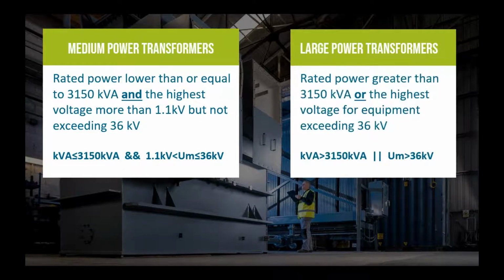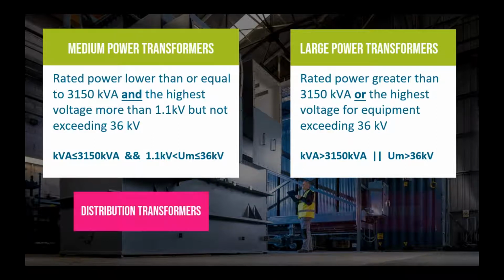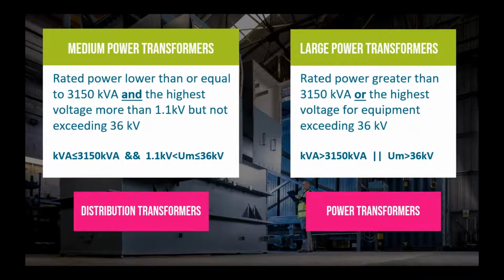Whereas large power transformers are rated anything greater than 3,150 kVA, or the highest voltage of the equipment is exceeding 36 kV. To make it clearer, whenever the regulation mentions medium power transformers, it is what we define in industry as distribution transformers, whereas when they mention large power transformers, it is what we refer to as power transformers. If they get mentioned later on, I'll remind you what they mean.